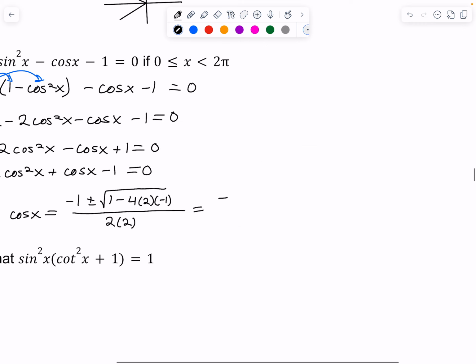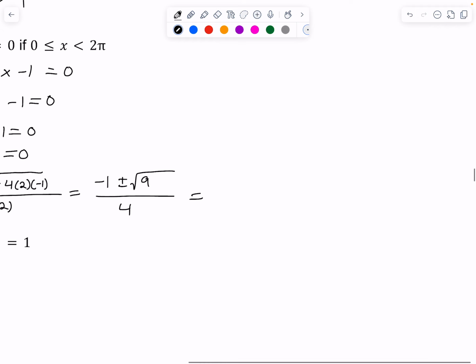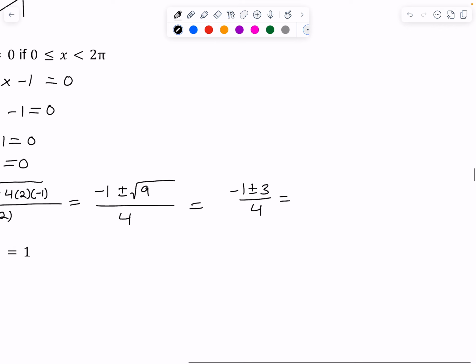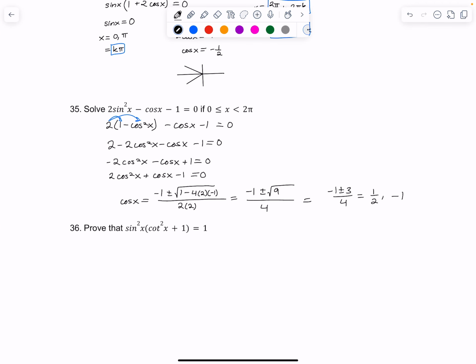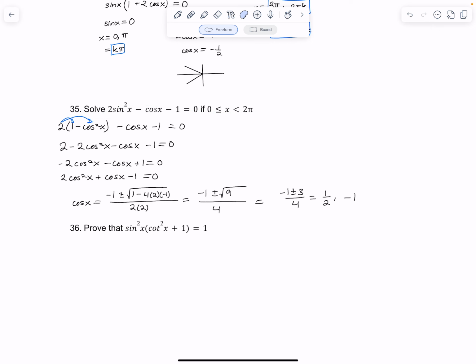And that simplifies to be -1 plus or minus the square root of, well, that's 1 plus 8, it's going to be square root of 9, so that is -1 plus or minus 3 over 4. -1 plus 3 is 2. 2 divided by 4 is a half. -1 minus 3 is -4 over 4. That's a -1. So I'm looking for where cosine is a half or it's -1.